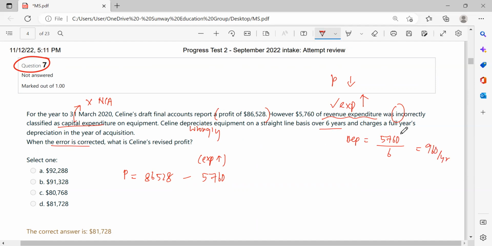Again, I'm not supposed to depreciate it. So when I do the correction, depreciation is an expense, so I must reduce my depreciation expense and therefore profit should increase. So I'm supposed to add 960. This is because I wrongly depreciated. So now my corrected profit should be 81,728.